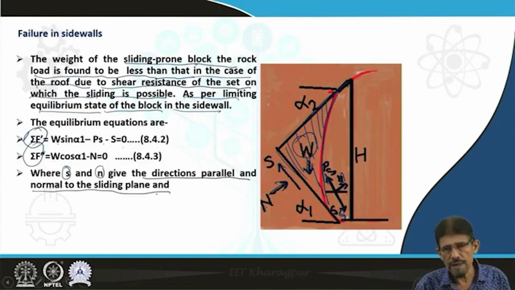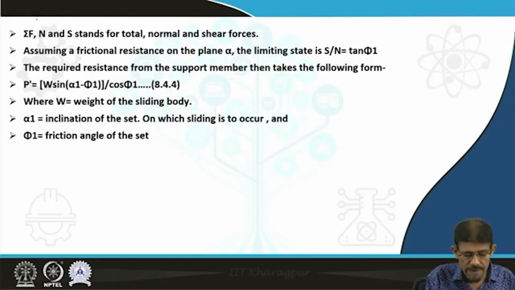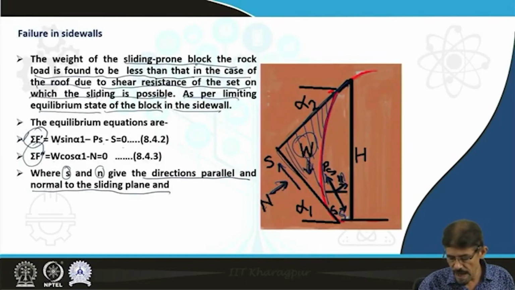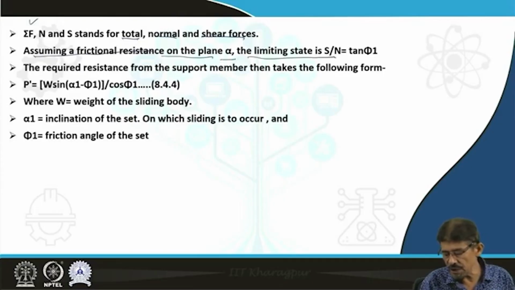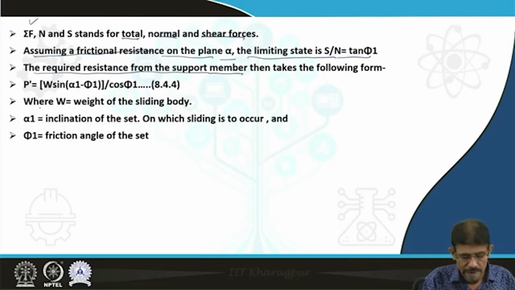the sliding plane. Further, here we can elaborate the summation of F, N and S stand for total normal and shear forces, as this diagram is going to show. Here S is for shear and N for normal. Assuming a frictional resistance on plane alpha, the limiting state is S by N is equal to tan phi 1, and the required resistance from the support member can be established.